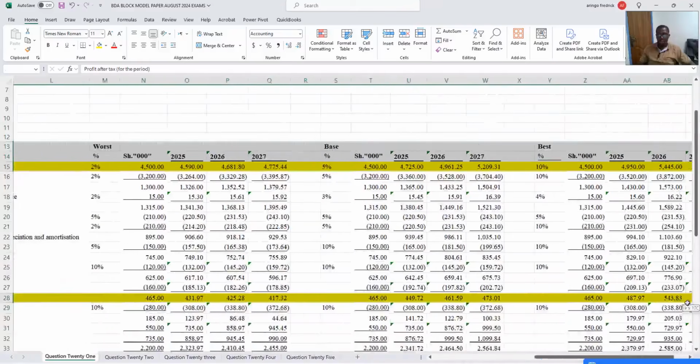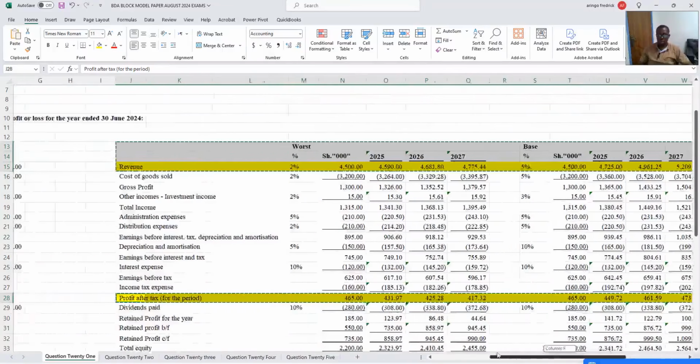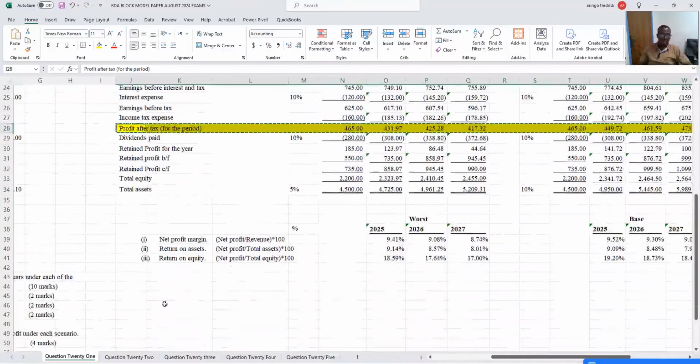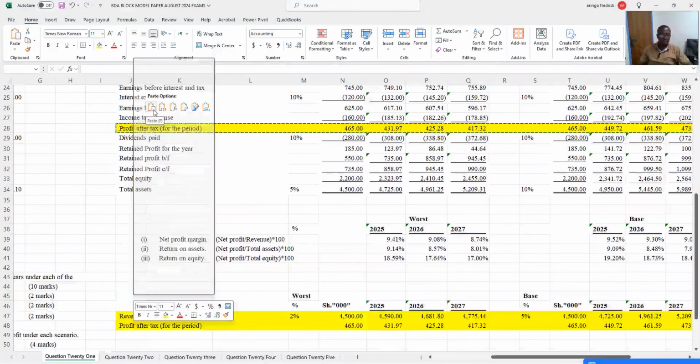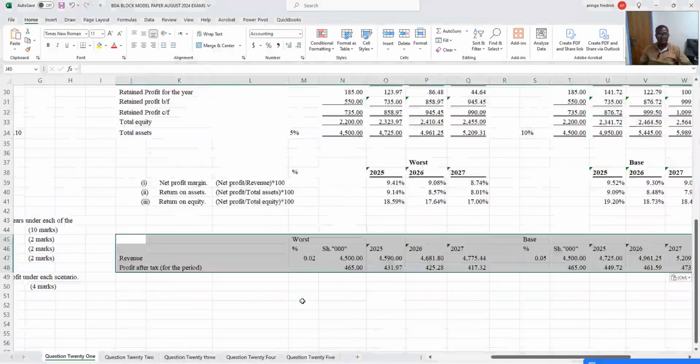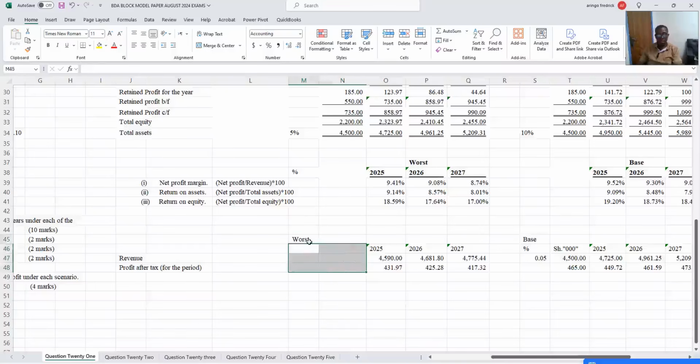So in that case, I'll come to our net profit. Again, we take our net profit all through. So I'll just copy that one, and we have it here. So I'm interested with the estimates. This is for worst. Estimates for base.